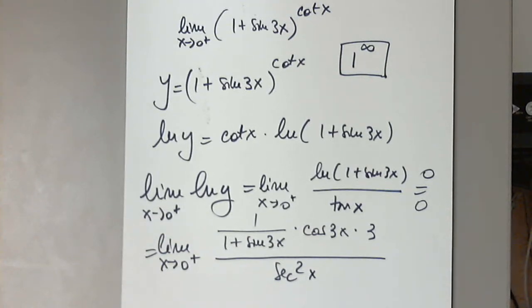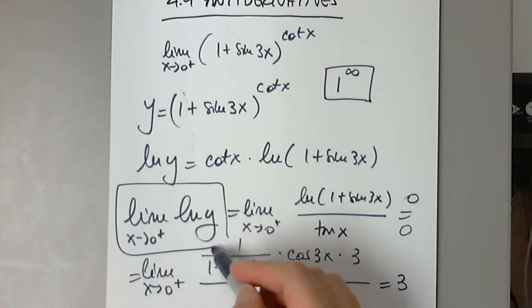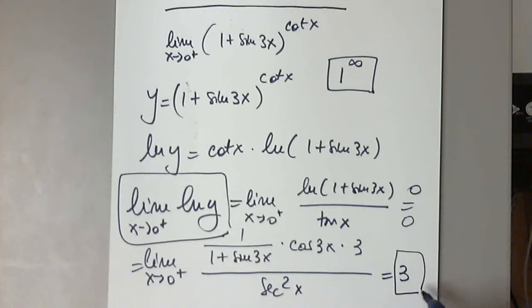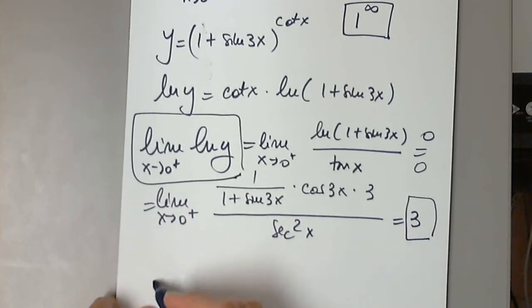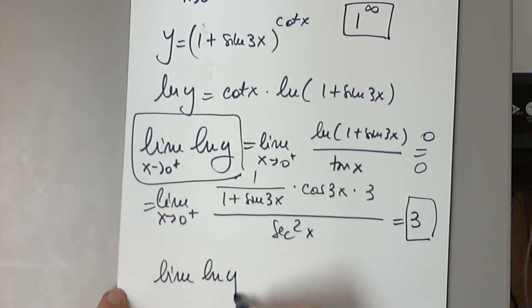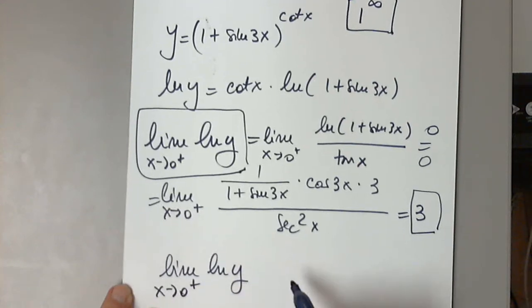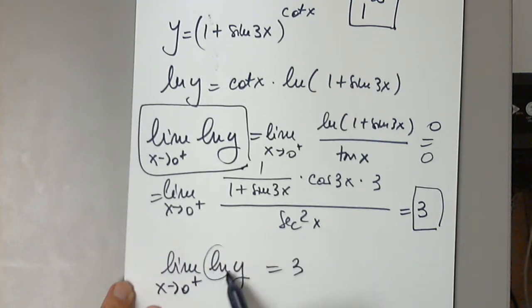Well, I got 3 somehow, but... Now we copy the beginning and we copy the end. So the limit of natural log y as x approaches 0 from the right is 3. This is the moment in which we say by continuity, only by continuity, of y and natural log y, these are continuous, we are allowed to swap the operator.